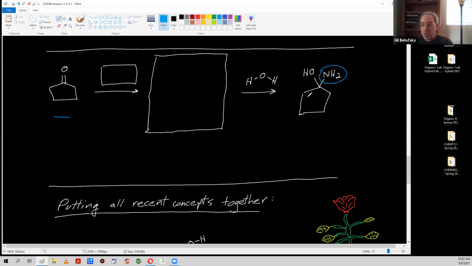We added a nitrogen group to a carbonyl to get to this, the amine nucleophile example. So I'm going to say NH3 here, like our very first one of these. You can put lone pairs there to remind yourself that they're there to create a bond to the carbonyl carbon, exactly the same as above. That gets us to here.